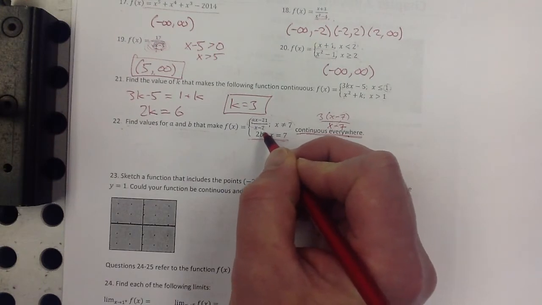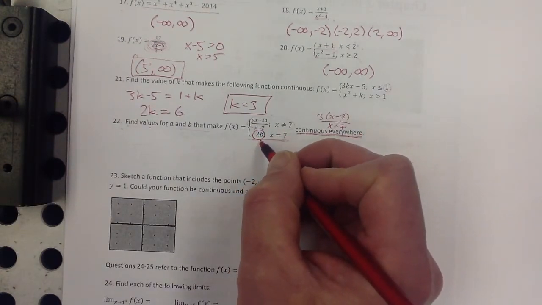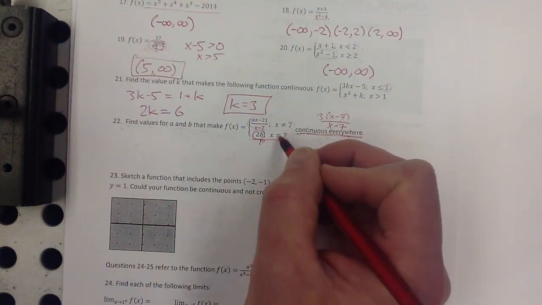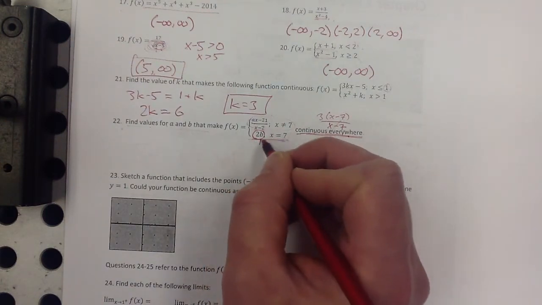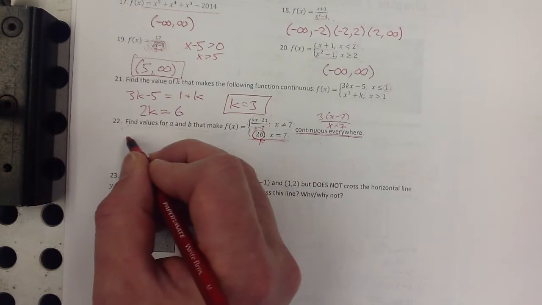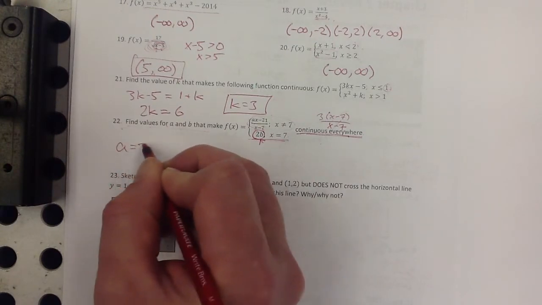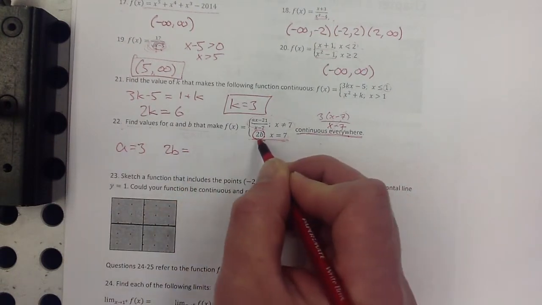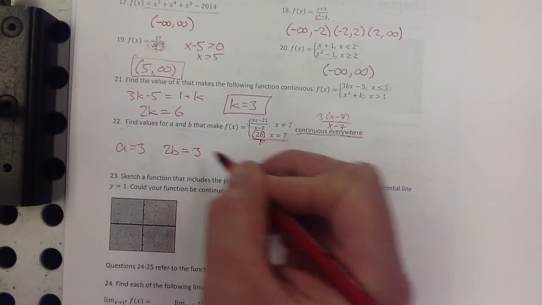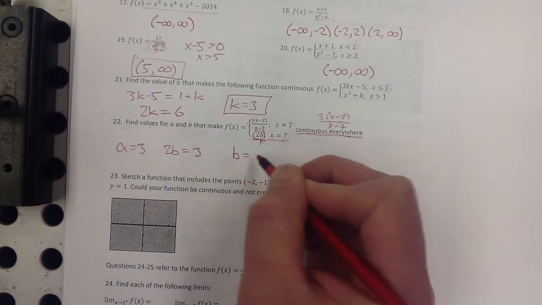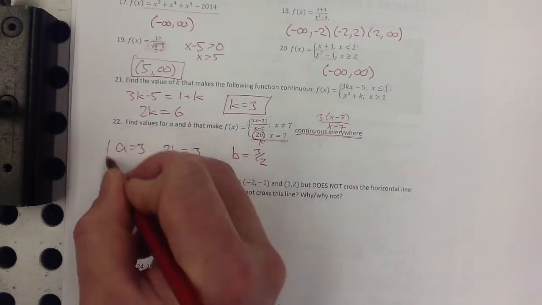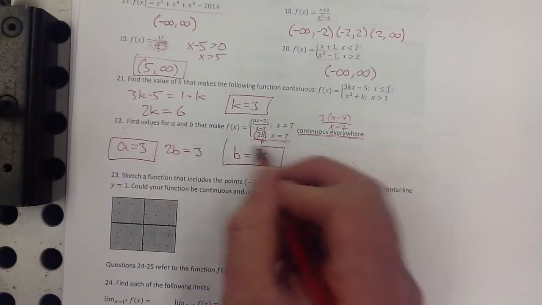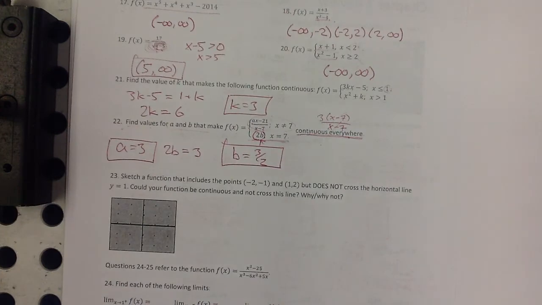And that means that since the hole is at 7, comma 3, this would have to be equal to 3. So I think we have a must be equal to 3, and 2b must be equal to 3. So b must be equal to 3/2. a has to be 3, b has to be 3/2.